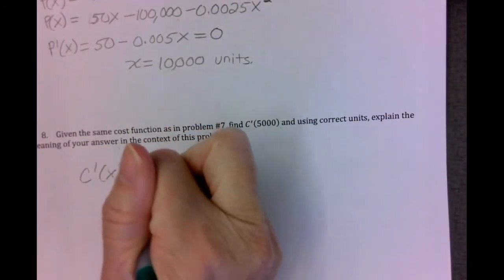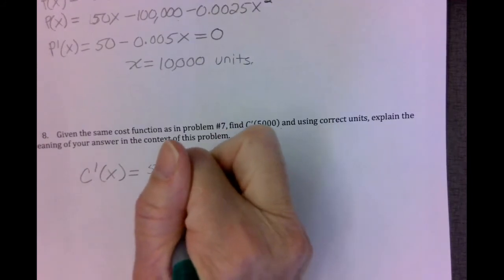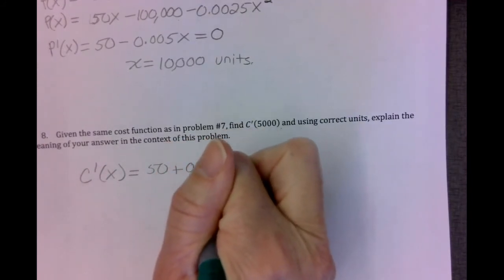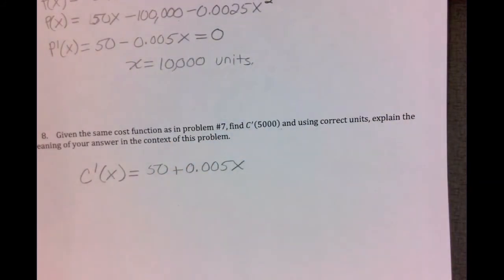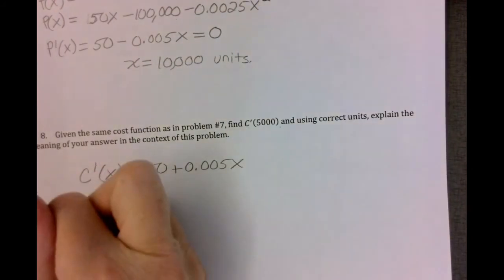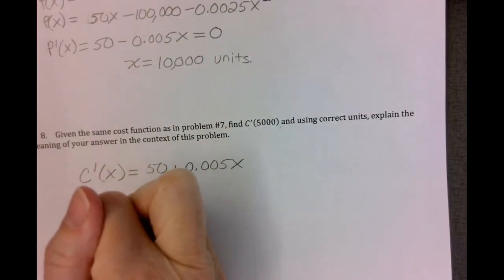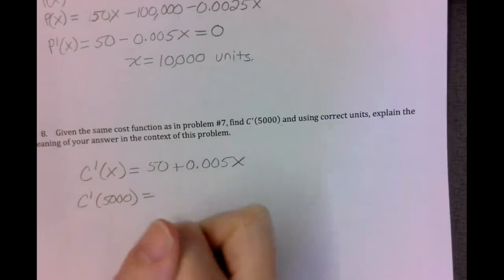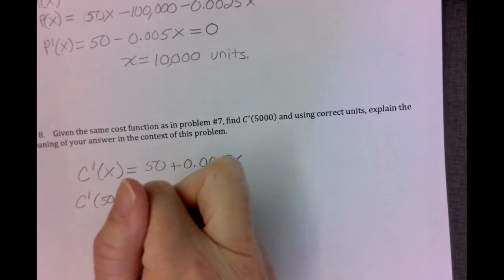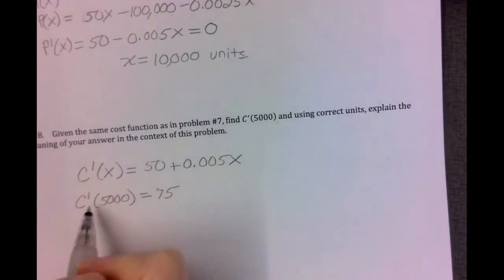The cost at 5,000 is going to be 75. Once I identified my function, then I'm allowed to plug into that given function and give the answer.